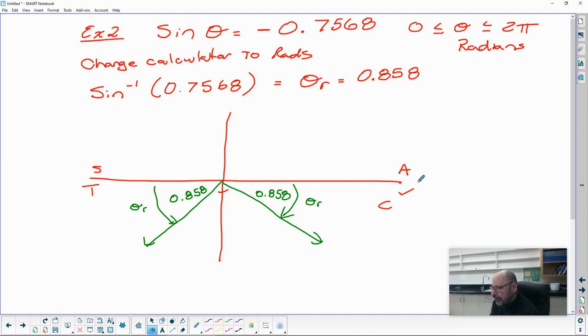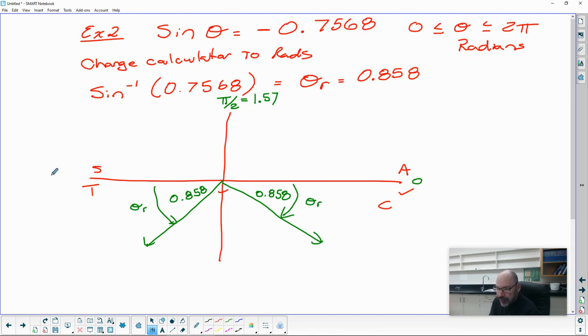Well, remember, this is 0. This is pi over 2. If you do pi over 2, that's 1.57 radians. On your calculator, you can just hit your pi button and divide by 2. 1.571, basically.